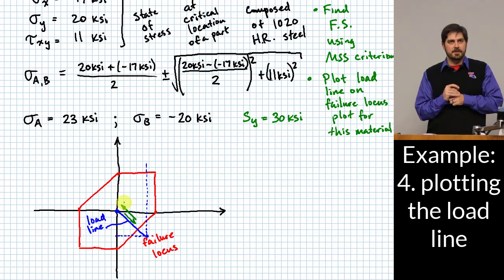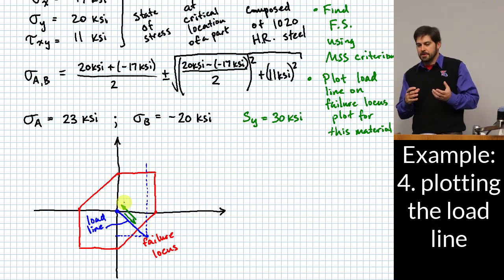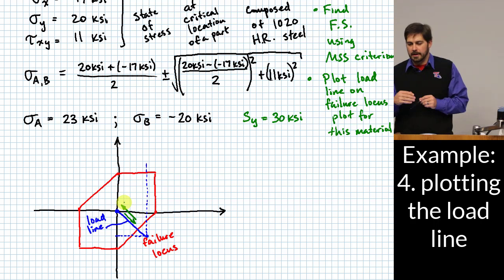Does that make sense? Where this doesn't work so well is if you have multiple different types of loads. Think about a case where you might have a pressure vessel that also had other loads on it, right? Increasing the amount of pressure in the pressure vessel will not necessarily proportionally increase all the different components of load just by increasing pressure, because you have all these other forces on there as well.